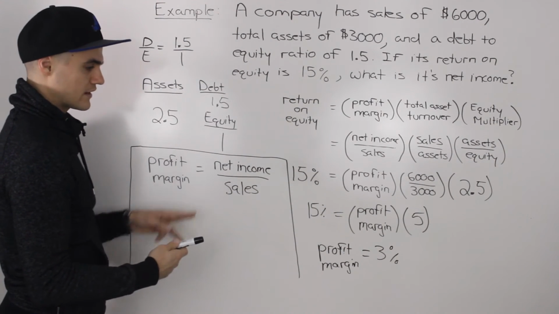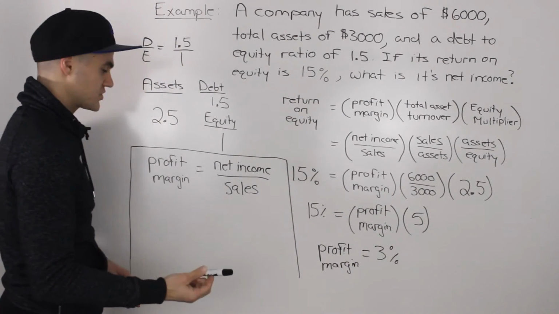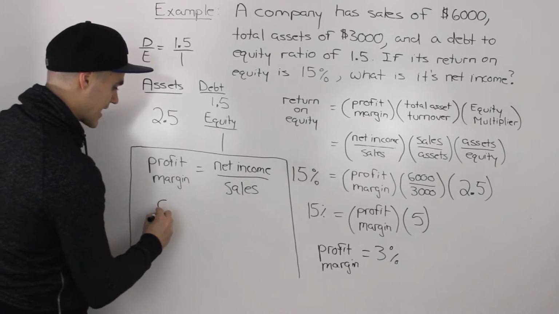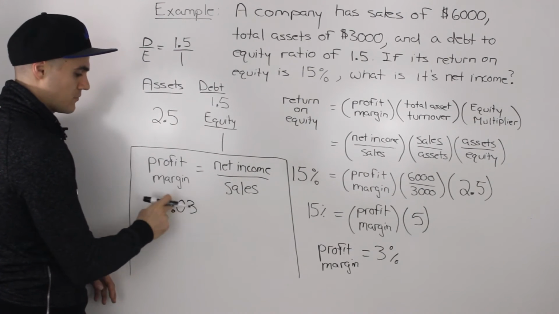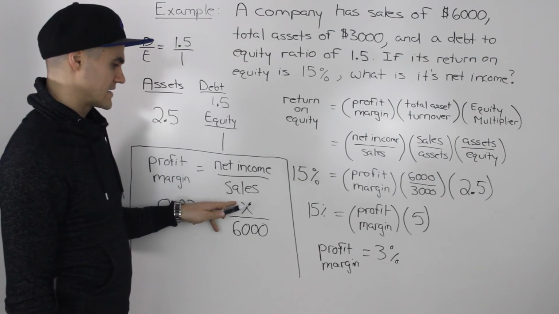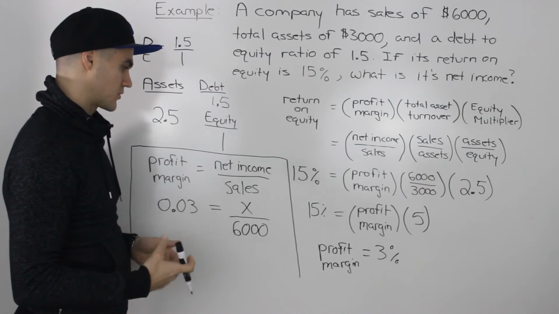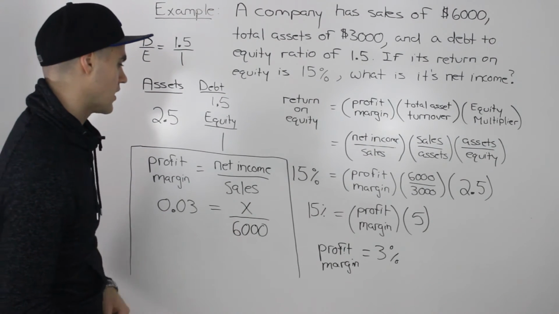So to solve for the net income, what we want to do is take this profit margin of 3% and put it as a decimal on the left side. So the profit margin would be 0.03. And then we would have net income as X, because that's the variable that we're solving for. And then our sales were given, it's $6,000.